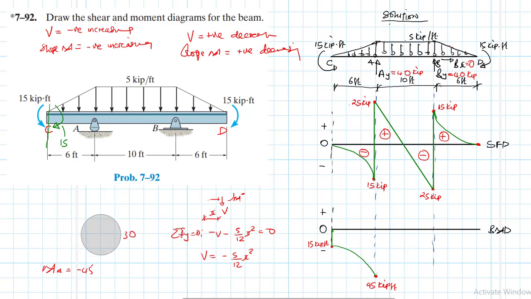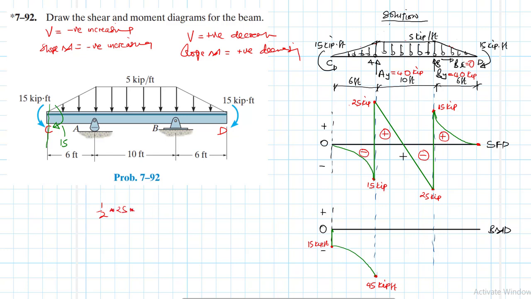Let me wrap this. This is going to be equal to 1 over 2 by 25 by this is half. This distance is half here. From there to there, this is 5. So this is equal to 0.5 times 25 times 5.